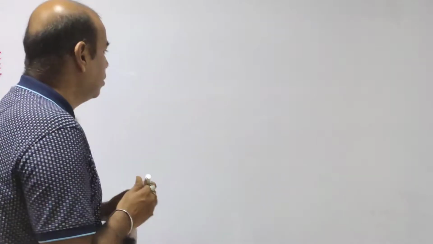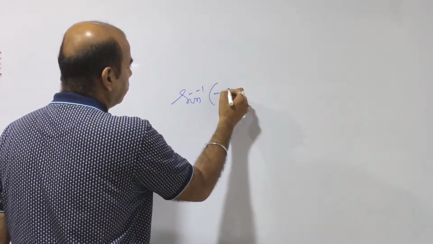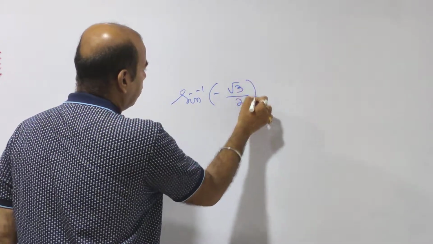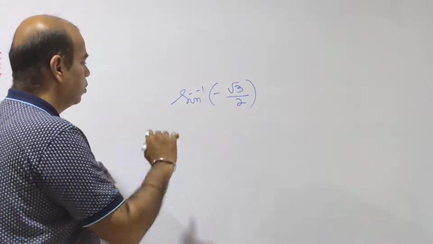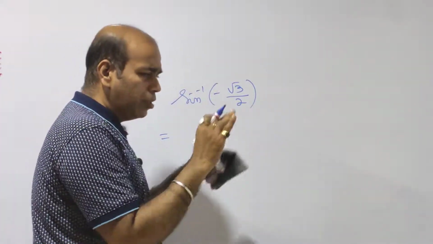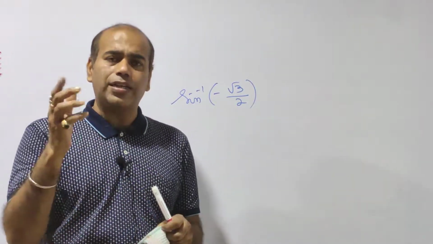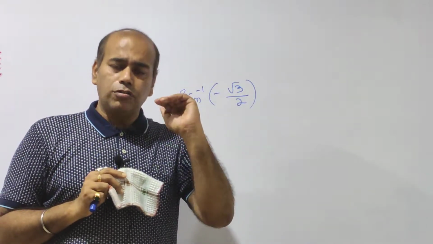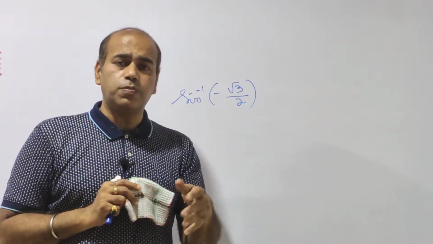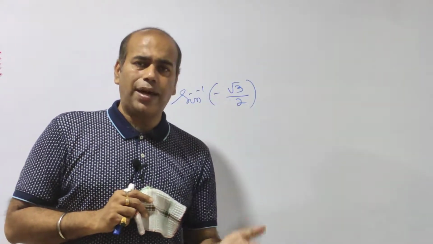Now, let me take one question where there is a minus. Think it is sine inverse minus root over 3 by 2. As per the formulas which I wrote some time back, sine inverse minus x is minus sine inverse x, cos inverse minus x is pi minus cos inverse x, and tan inverse minus x is minus tan inverse x.